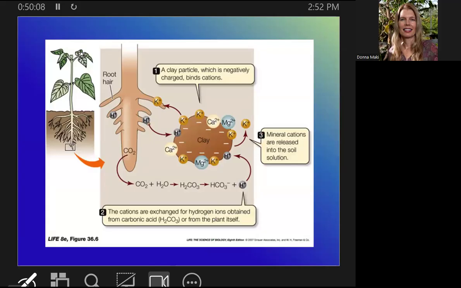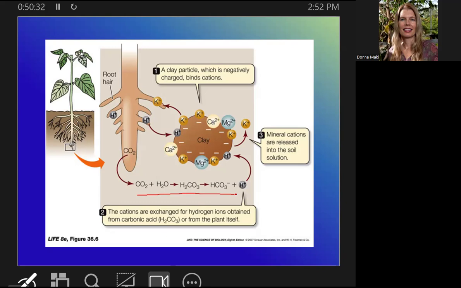Here they're showing a little bit of why the soil is slightly acidic when you look at plants in the system. So we're talking about soils that have plants there, not just barren soil. Plants give off CO2 just like we do. If that CO2 mixes with water, which it would in the soil, you get protons.